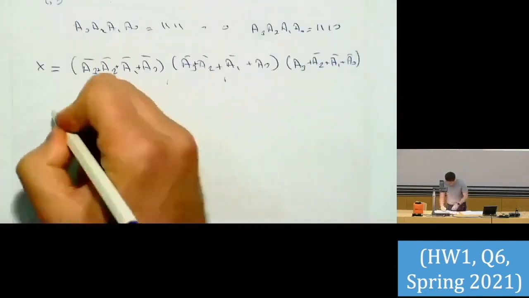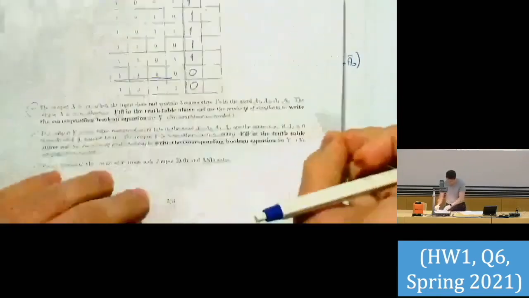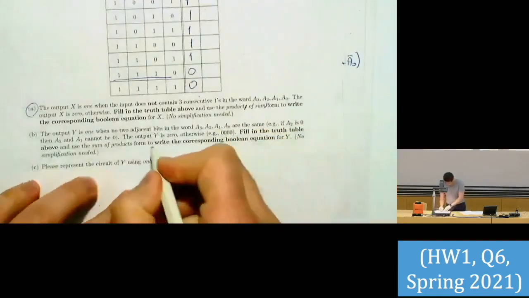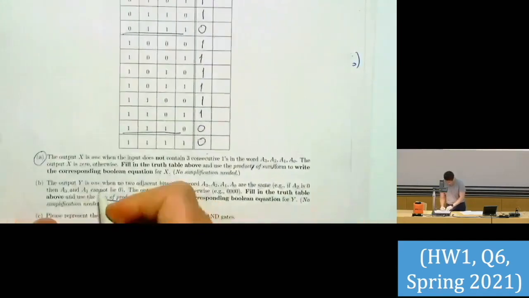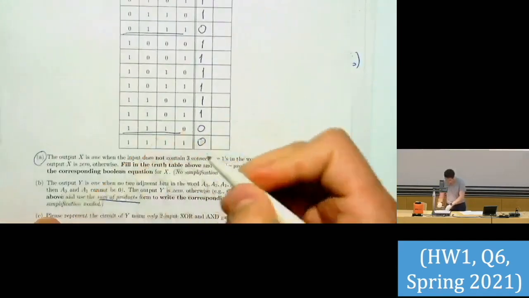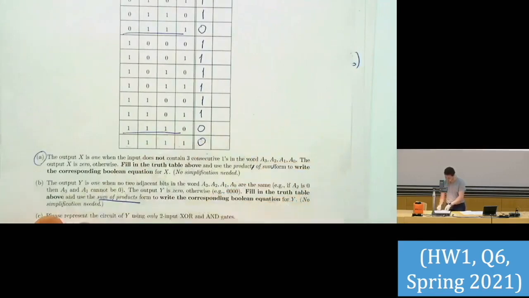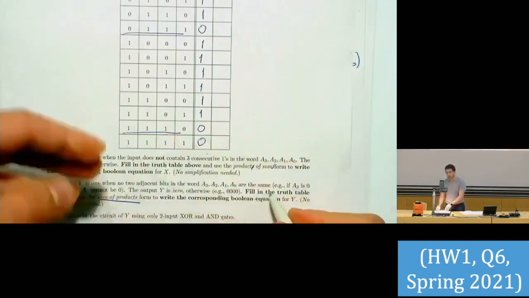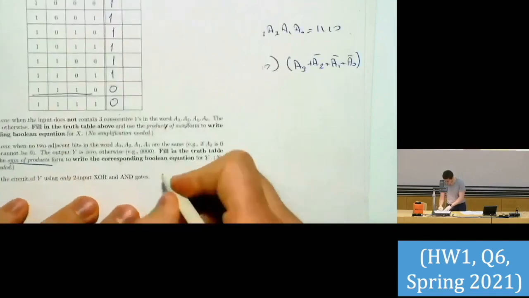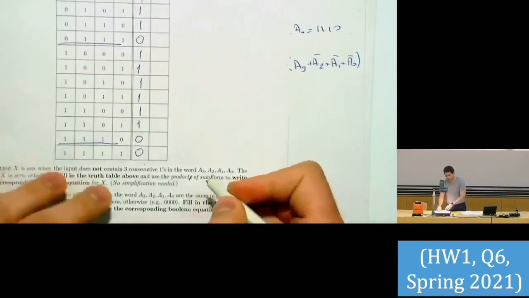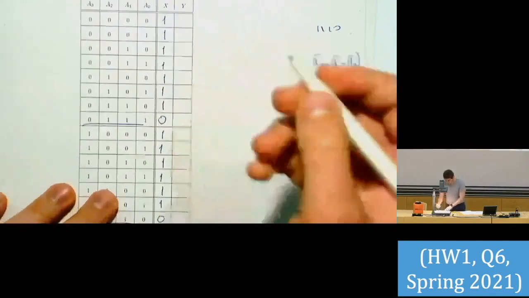For B, it asks for the sum of products, and Y is 1 when no two adjacent bits in the word are the same. Basically, what it means is that I won't have any adjacent input bits equal to each other, right?